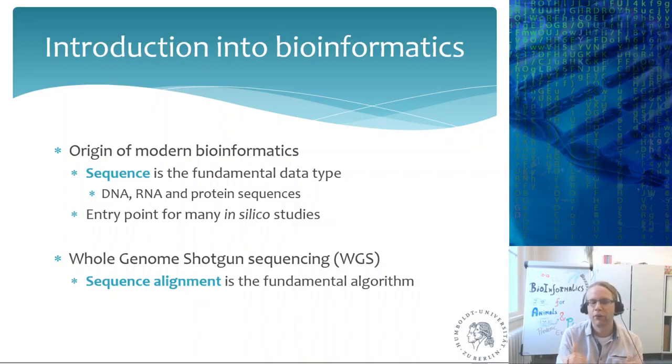It is the entry point for many in silico studies, just getting the sequence of the animal that you're interested in. And this is, of course, because the sequence is the thing that drives everything else. The DNA sequence that you have determines which RNAs you can produce, which determine which proteins you can produce in the end. That's why DNA, RNA, and protein sequences are fundamental to any analysis that you do in bioinformatics.